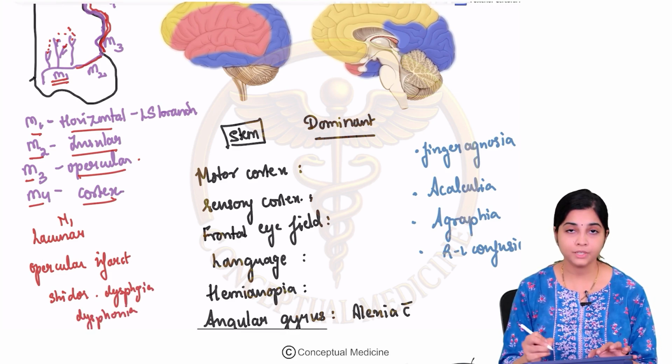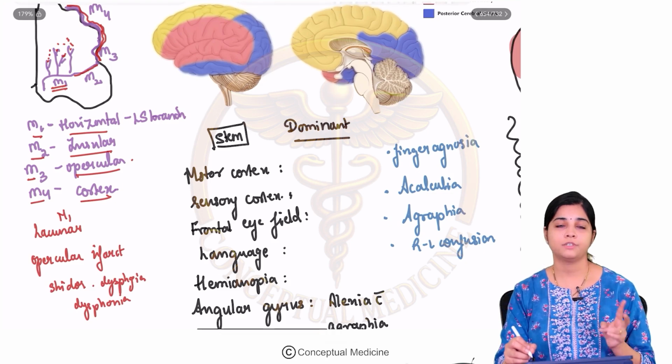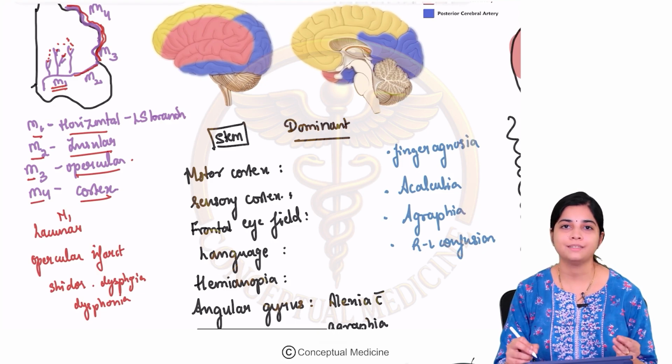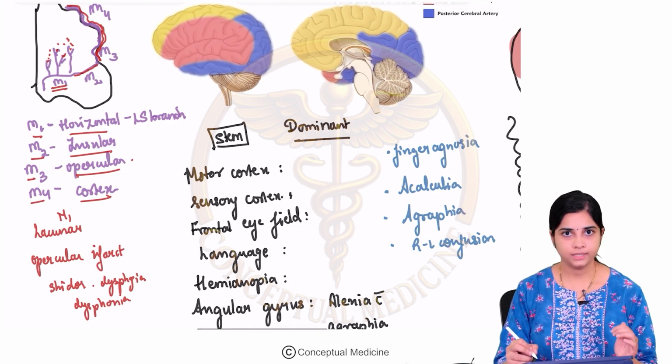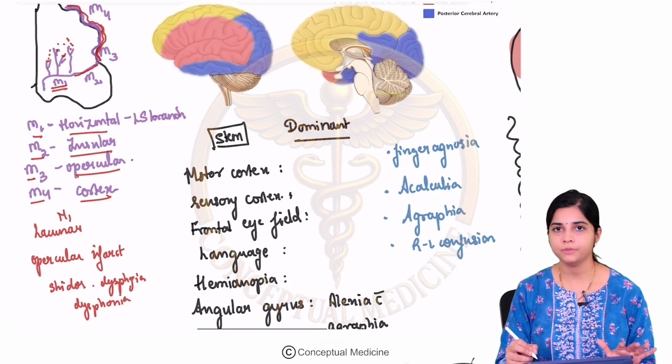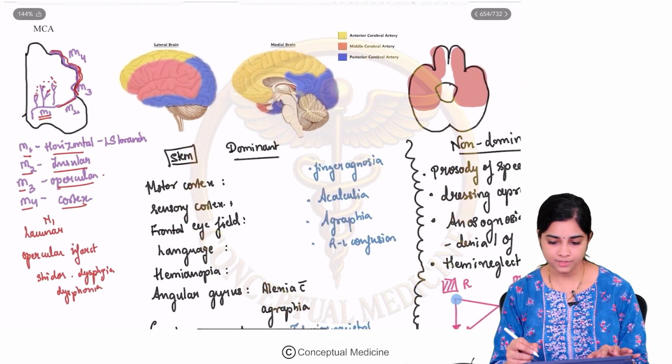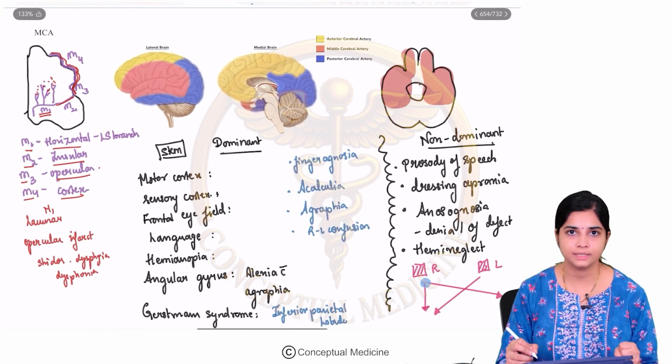An M3 opercular infarct, especially if it is bilateral, can be very confusing with a brainstem stroke. Fine. So, till here it is clear. We have understood M1, M2, M3 and M4. Now, let us look at your M2 syndromes a little bit more in detail.